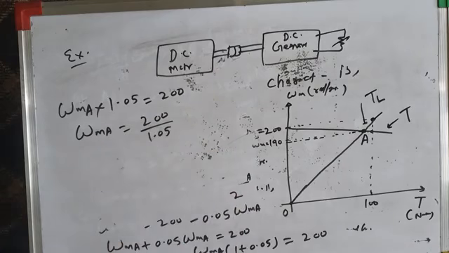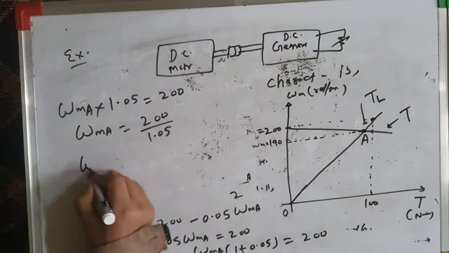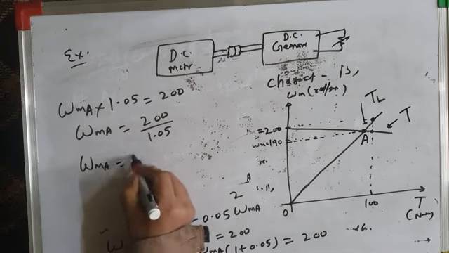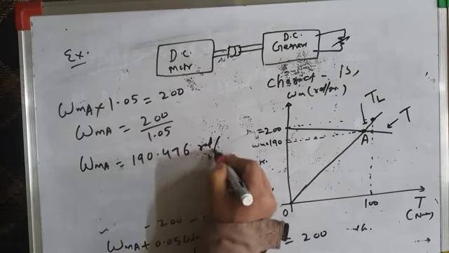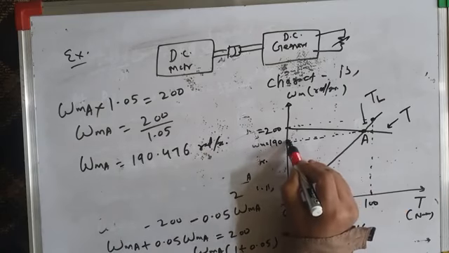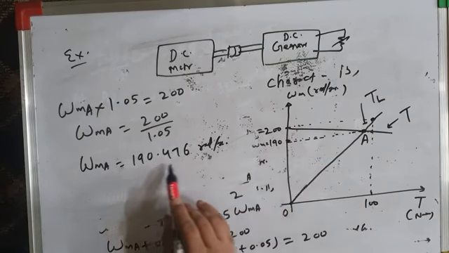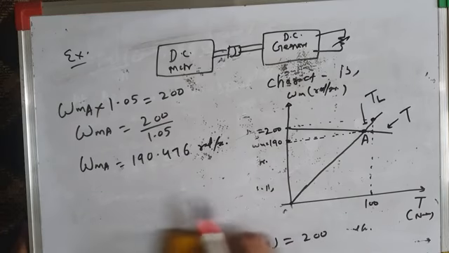I have calculated it, and 200 by 1.05 comes out to be 190.476 radians per second. So omega m A is 190.476 radians per second, and this is the operating point.